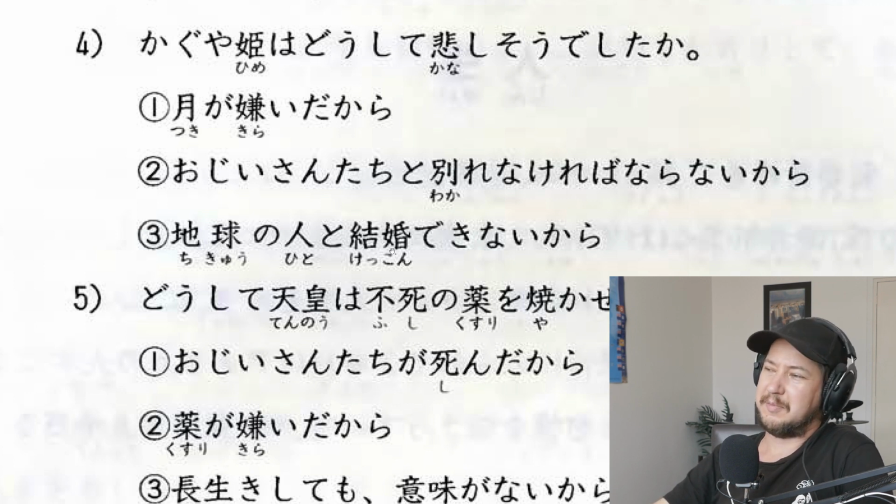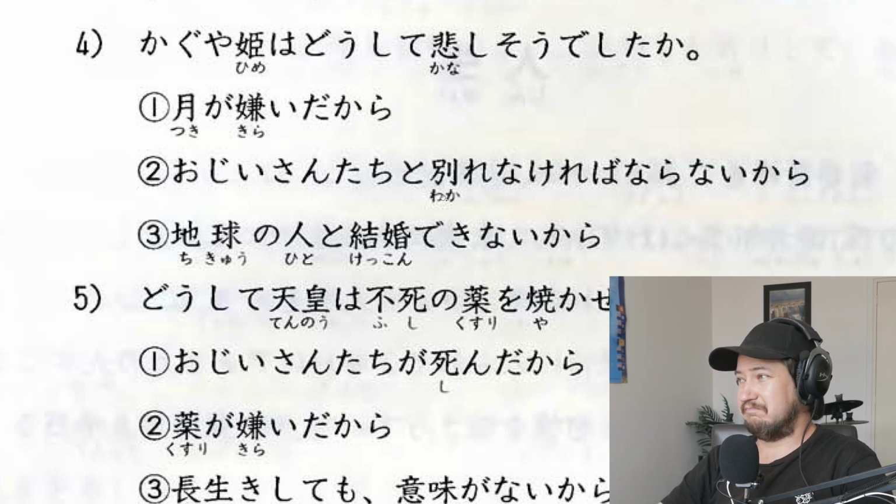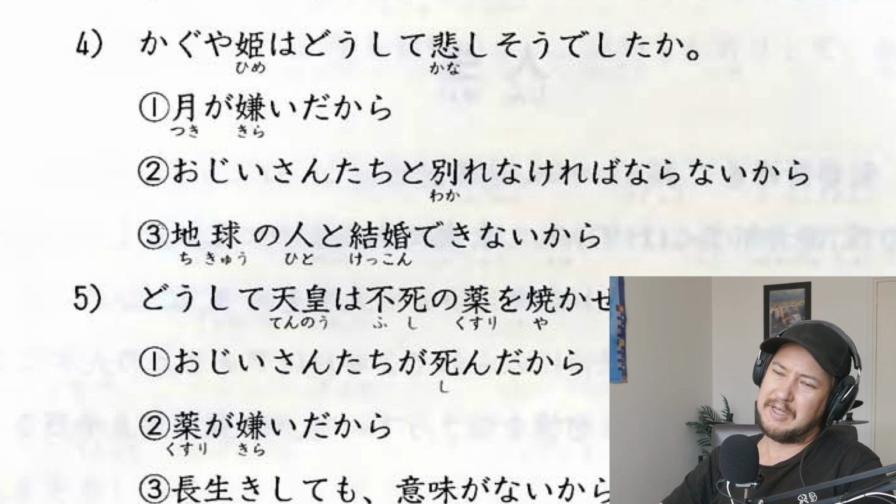Did she even care about marrying somewhere? Did she care about the old man and the old lady? What was more important to her? I would say it's both.